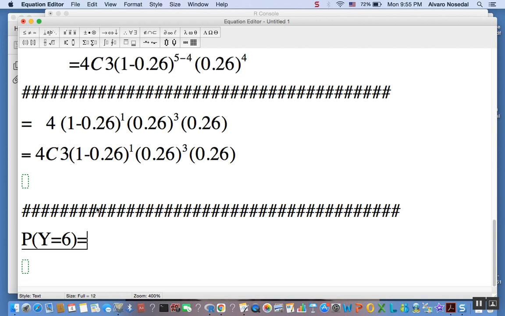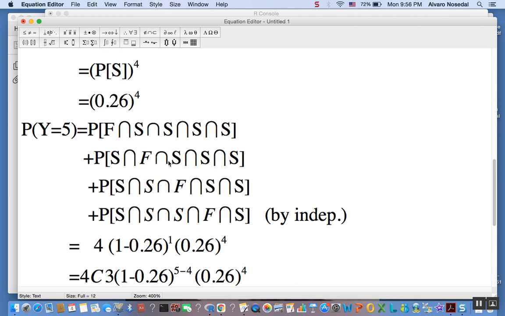In this case, we needed 6 trials to observe our first 4 successes. That means that perhaps the first 2 were failures, and then we had a sequence of 4 successes.